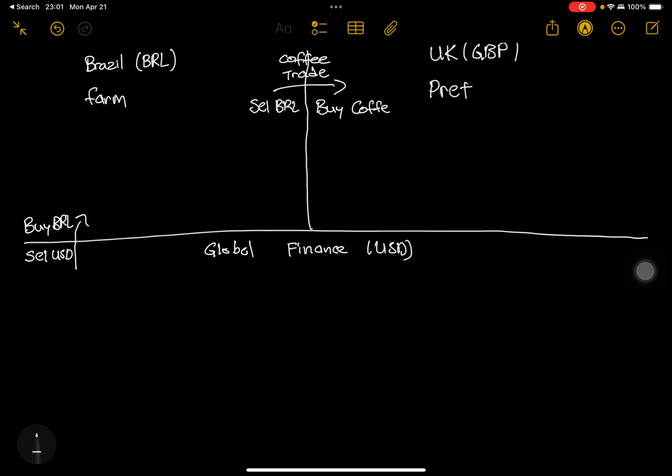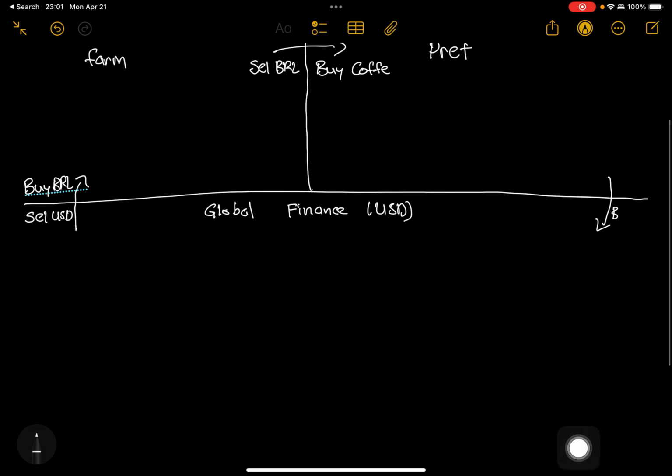All right, but then where do you get USD from if you're British? Well, you could potentially have USD already, but in most cases you would actually need to get USD by selling pounds. So over here we have an arrow, which is buy USD and sell Great British Pound.